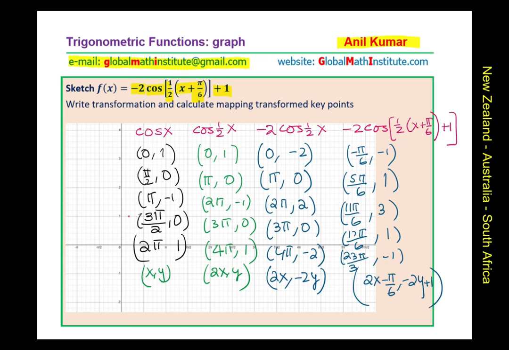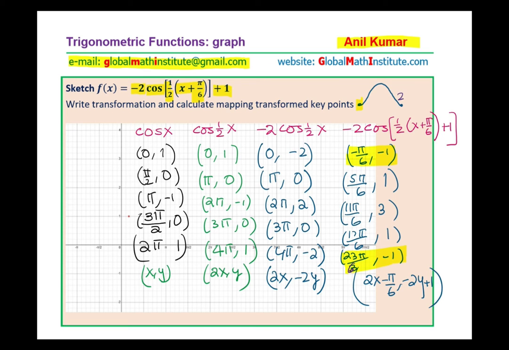So finally, what we see is the graph of one cycle will be from minus pi by 6, minus 1, right? So it's going to start from the bottom and it will go like this. You get the whole idea, right? So that is one cycle where the initial point is minus pi by 6, minus 1, and the final point is 23 pi by 6, minus 1.